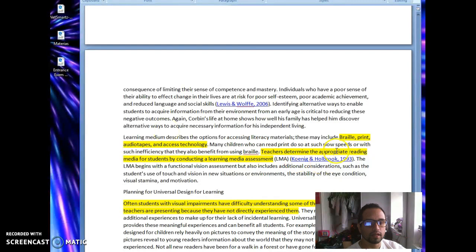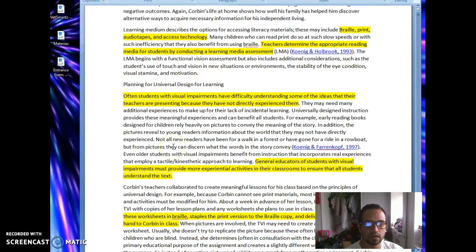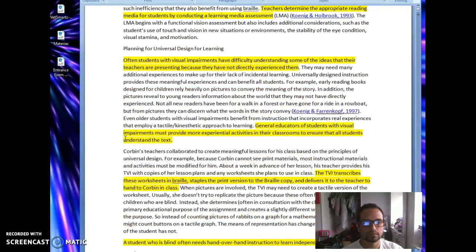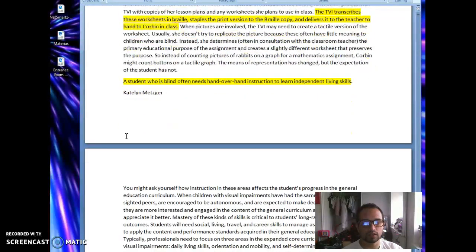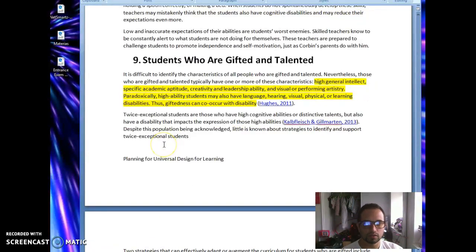Yeah, Braille. That's what I meant first, to use that type of communication. Print, audio tapes. So basically, with technology is how we can help students with visual impairment. So we will have to change the lesson plan to meet the needs of the students.